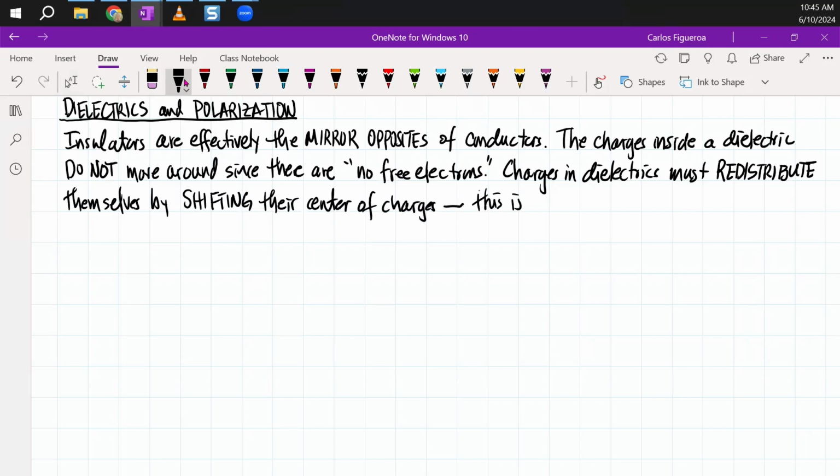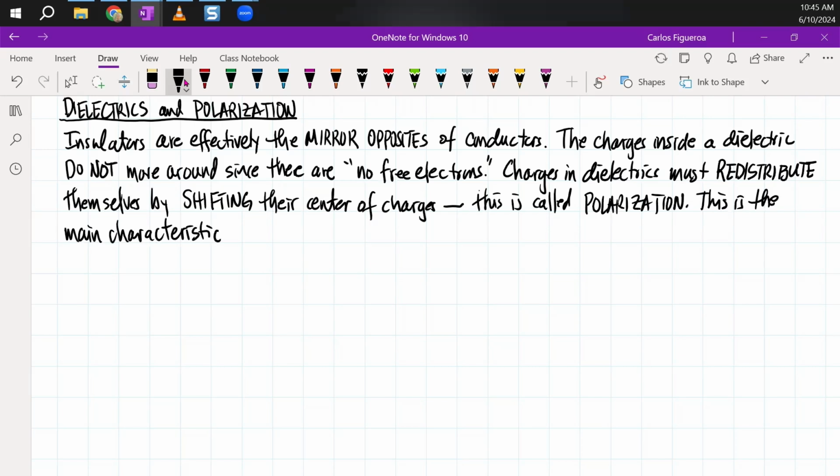This is called polarization. This is the main characteristic of dielectrics or insulators.